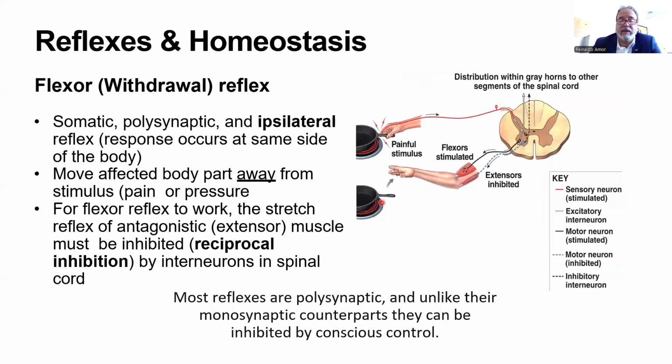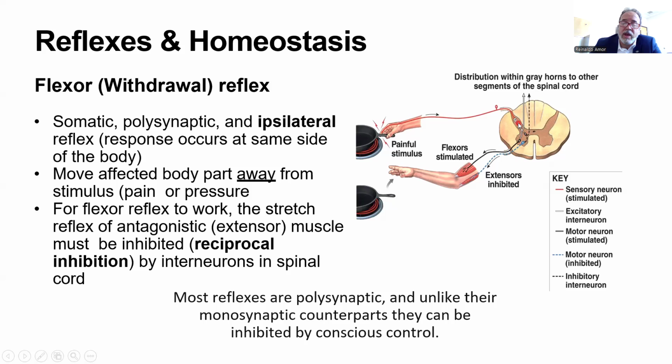Here's the flexor reflex. The flexor reflex is triggered in response to a painful stimulus. So let's say I grab something hot, then my receptors here pick up on that increase in temperature, and you're going to send this information to the interneuron.